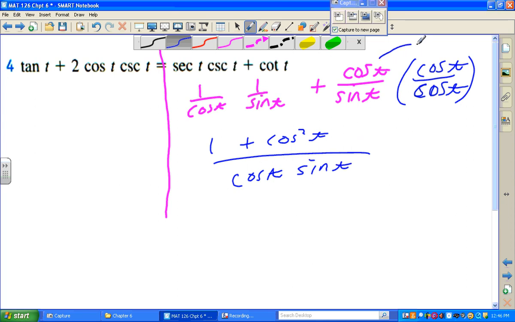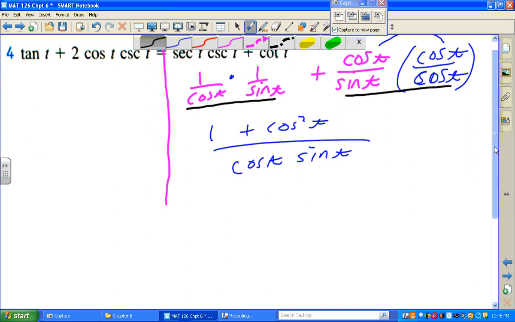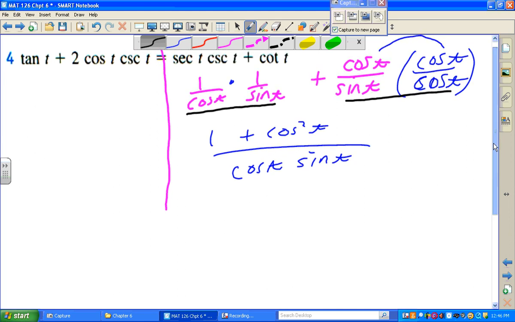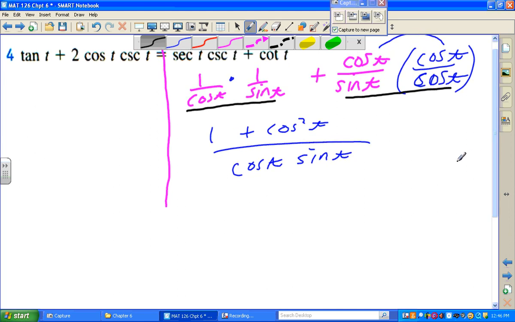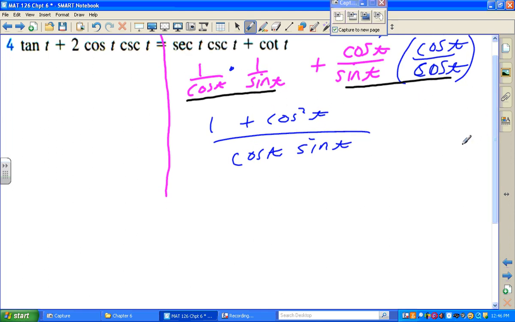Multiply. Cosine t times cosine t is cosine squared. 1 times 1 is 1. And I have the same denominator. Both denominators. 1 plus cosine squared is not sine squared.